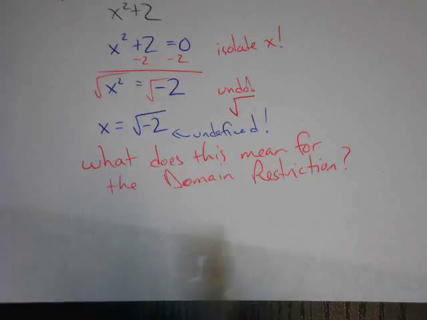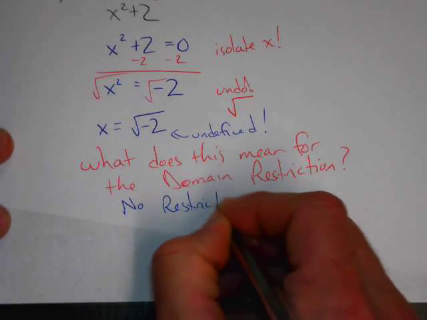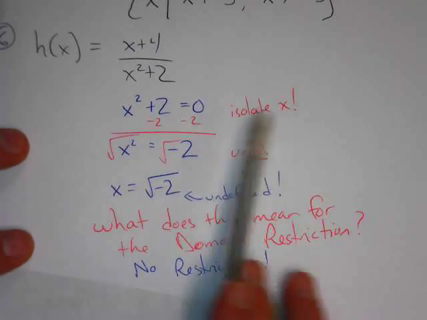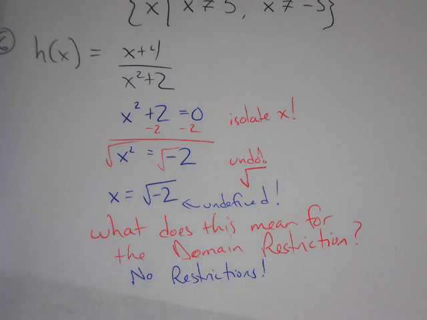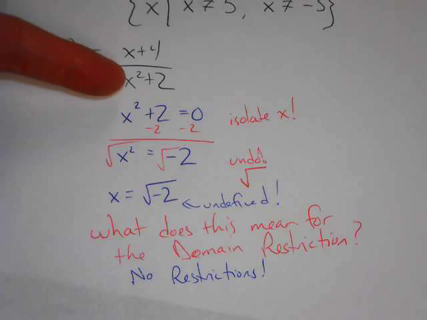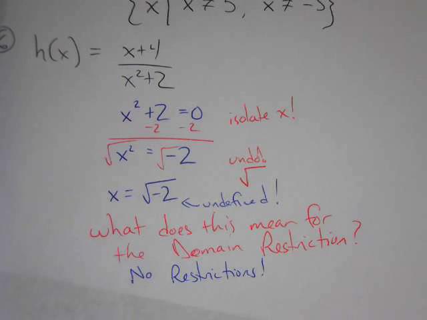That's crazy. You look at the original thing, you see x's in the denominator, and of course you're thinking, that's got to have some type of restriction, but nope. There's no number that when you multiply it by itself will give you negative 2. So there is no restriction.